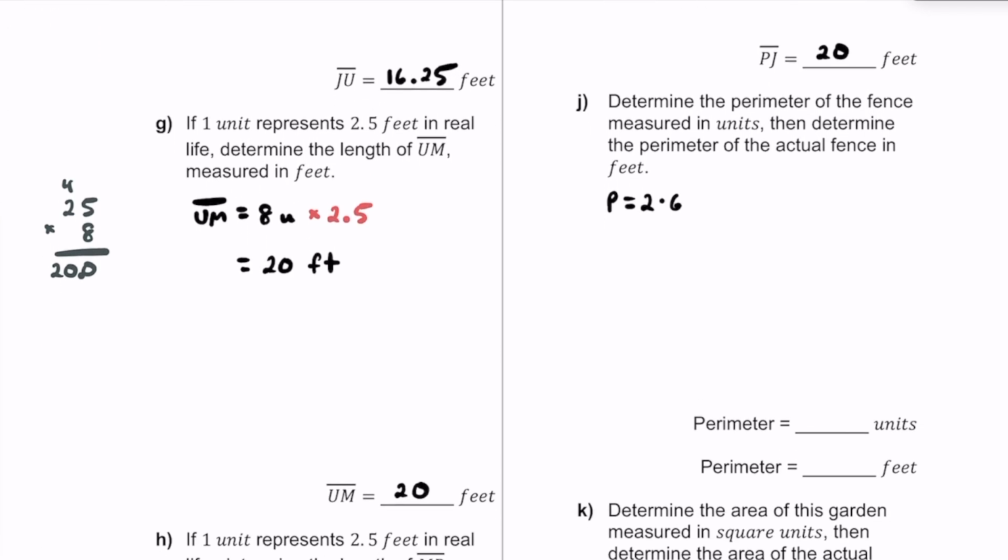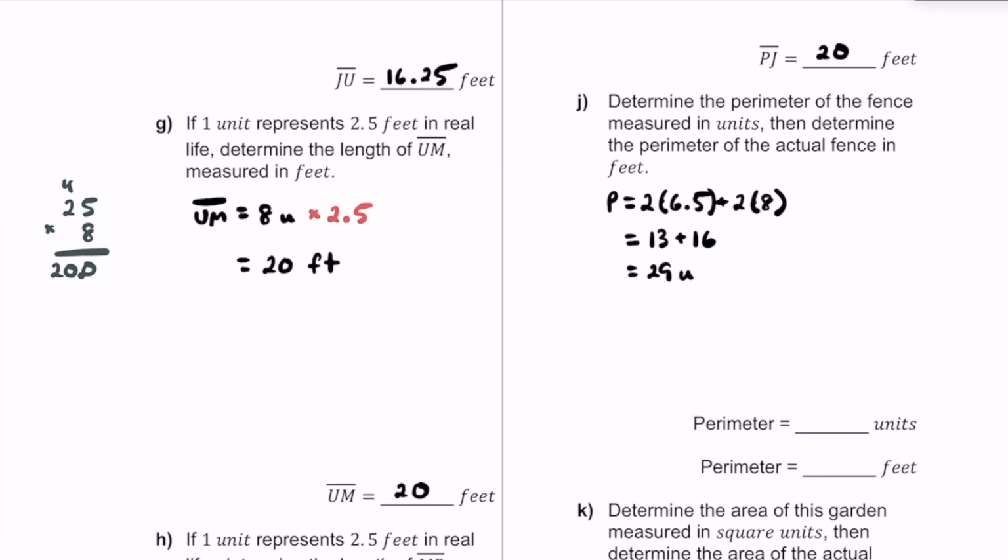So 2 times 6.5 plus 2 times the other dimension, which is going to be 2 times 8. It's a little confusing with these dots, so I'm going to use parentheses instead to show the multiplication. 2 times 6.5 is going to be 13. 2 times 8 is going to be 16. Feel free to write out the standard algorithm if you need to. And adding these two together, we're going to get 29.